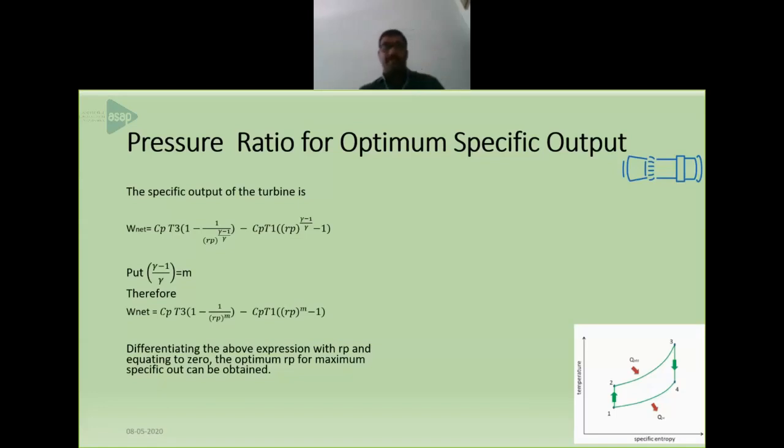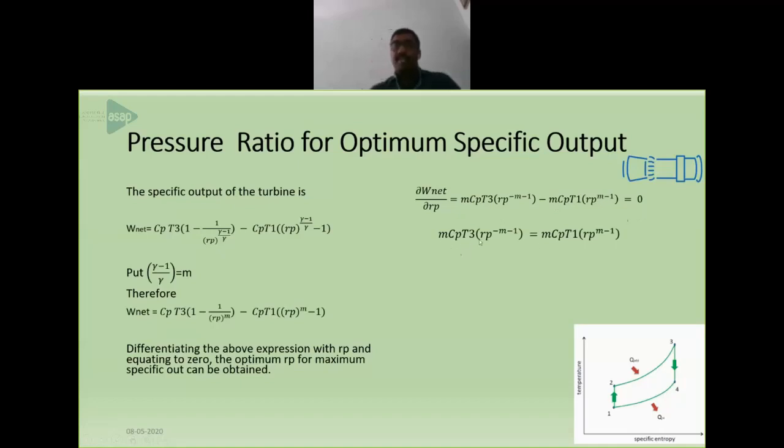You know the mathematics. Based on that, you will get the condition for the optimum pressure ratio. Here you can see dou by dou Rp of W net. Based on this, you are equating these two terms to 0.